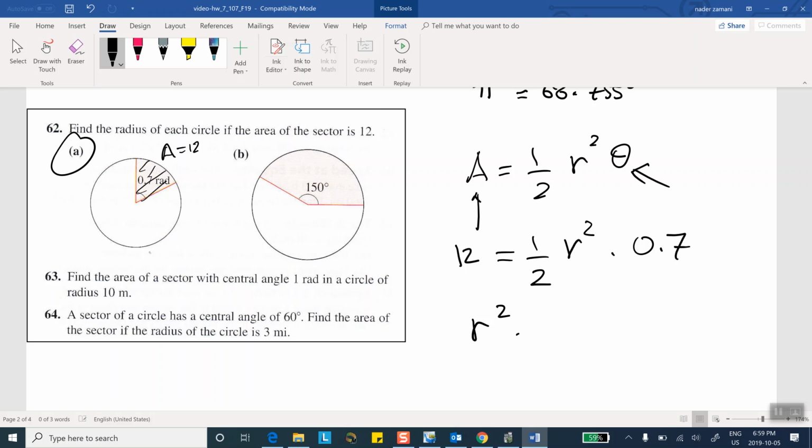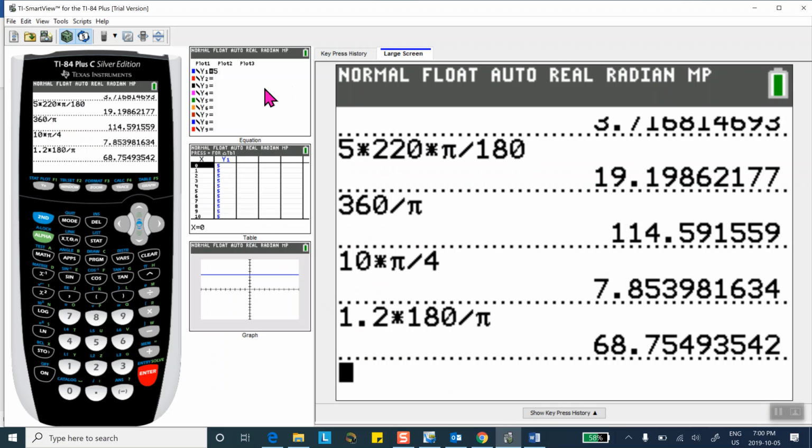R squared equals, if you multiply both sides by 2 and divide by 0.7, 12 times 2 divided by 0.7. This is 24 divided by 0.7, and you need to take the square root of it. So let's go ahead and do this. Square root, where is the square root here?